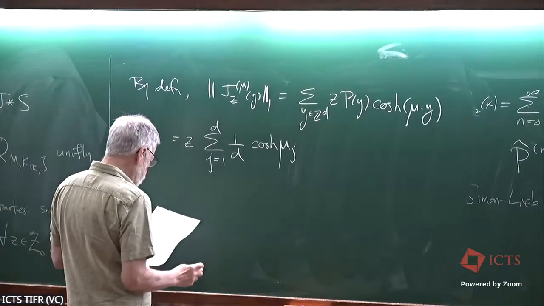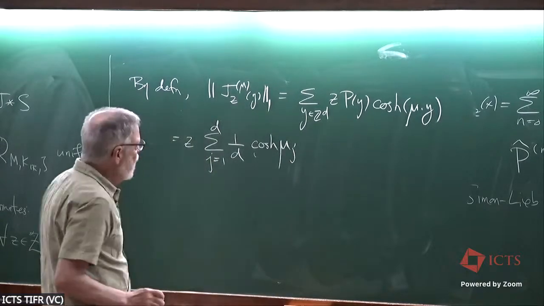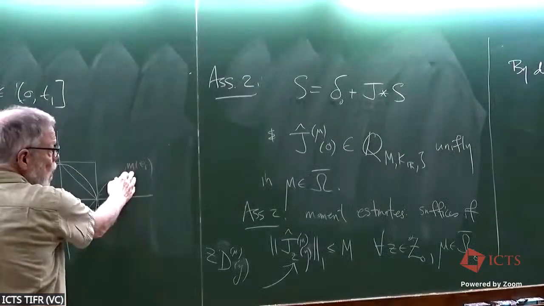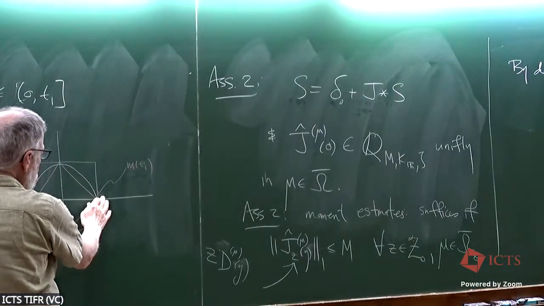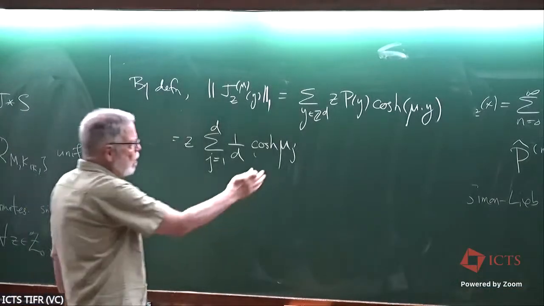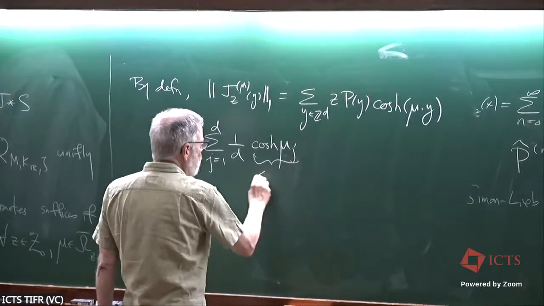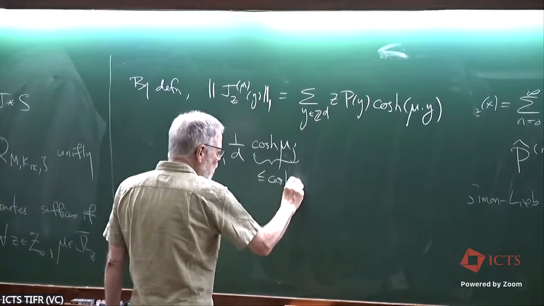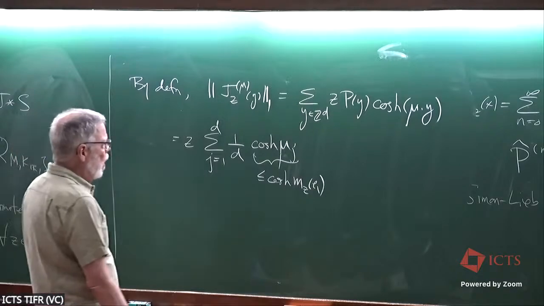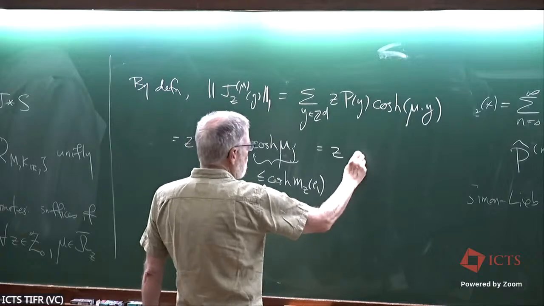But this mu_j is less than or equal to m(z), right? We're inside of our omega-bar, and each component, the L infinity norm, is less than m(z). So this is less than or equal to the hyperbolic cosine of m(z)e1. And so we just get z times that hyperbolic cosine.